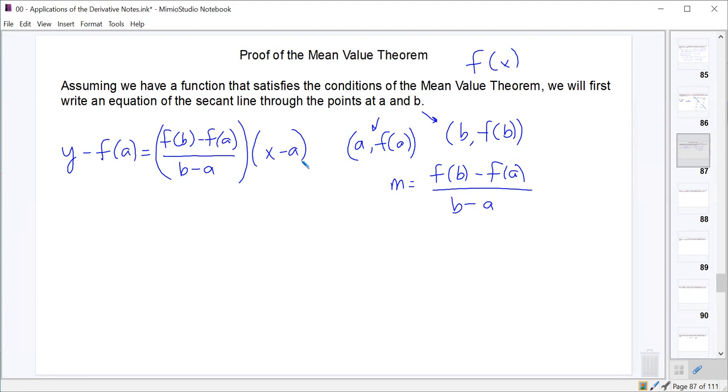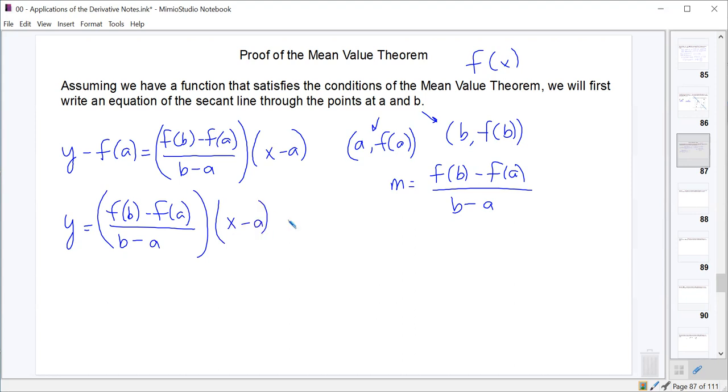So we'll end up with y equals f of b minus f of a over b minus a, times x minus a, plus that f of a value. And so now we've got a linear equation that represents the secant line through the points a, f of a and b, f of b.